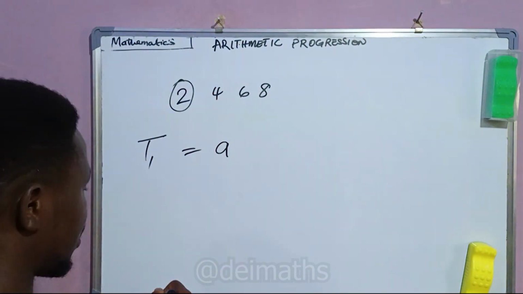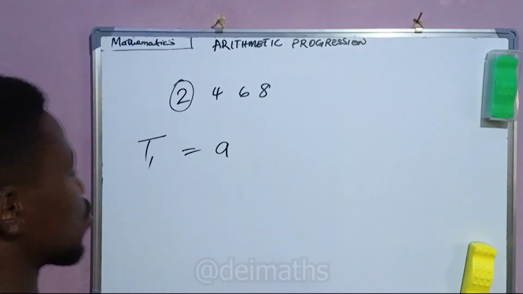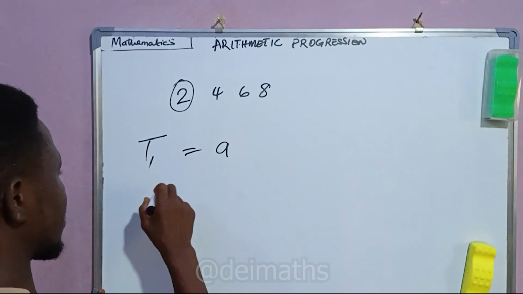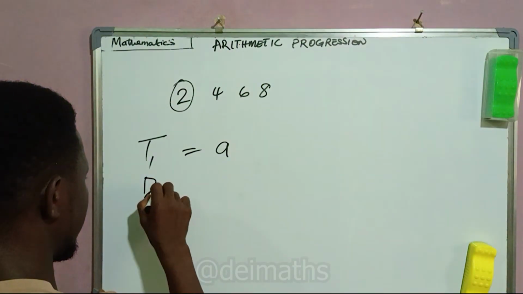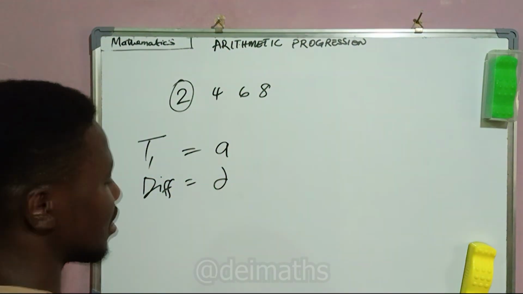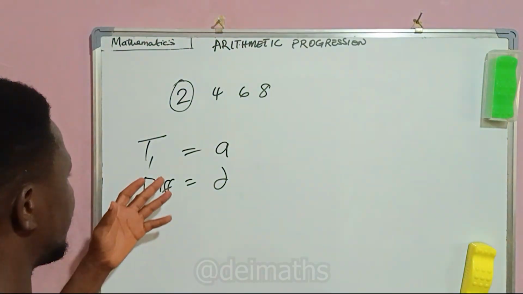Now, the constant number that you add to each of them to give you the next one is what we call the difference. And the difference, we can call it D.